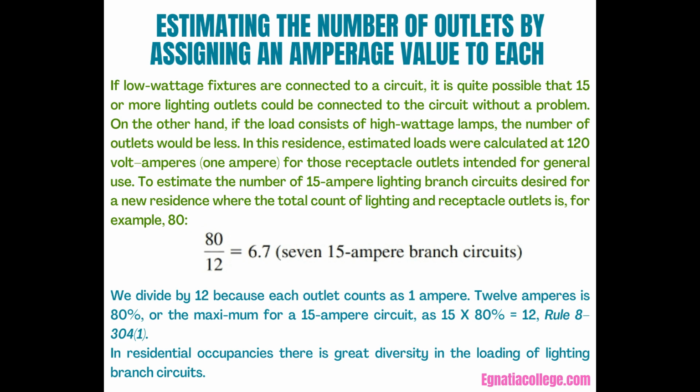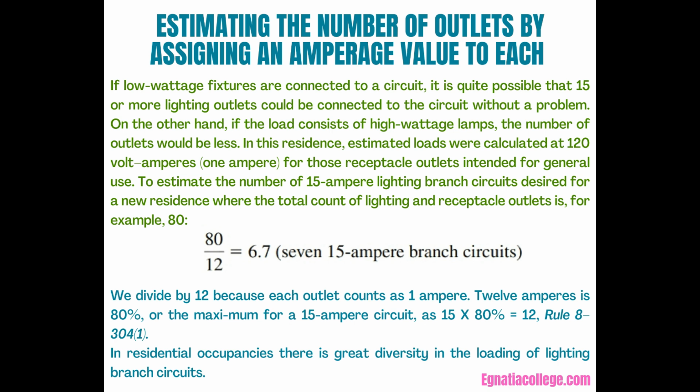In this residence, estimated loads were calculated at 120 volt amperes, 1 ampere, for those receptacle outlets intended for general use. To estimate the number of 15 ampere lighting branch circuits desired for a new residence, where the total count of lighting and receptacle outlets is, for example, 80: 80 divided by 12 equal to 6.7 15 ampere branch circuits.